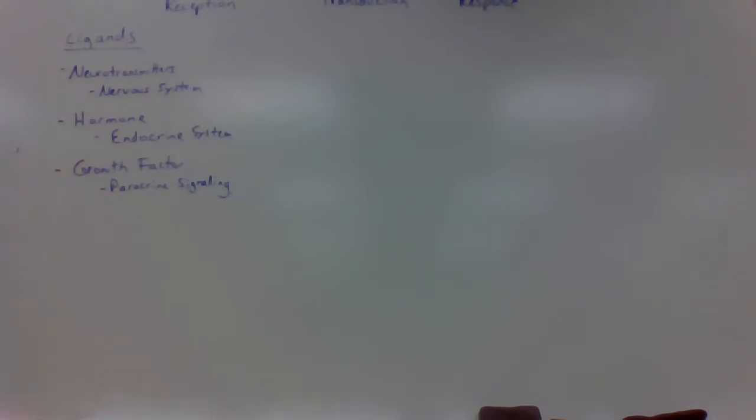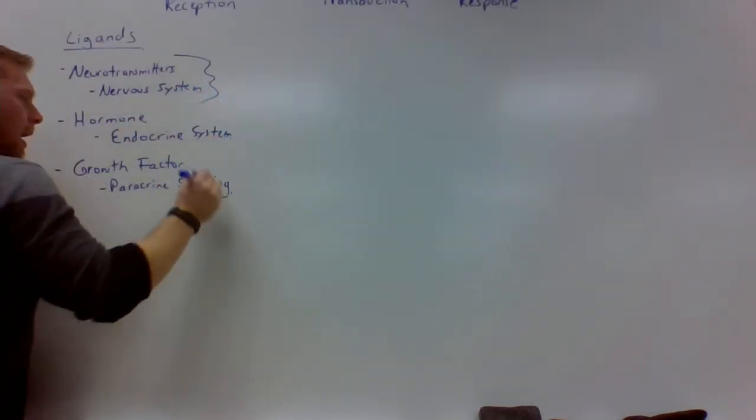Now, if we just look at these chemical messengers, neurotransmitters and growth factors are both examples of local messages. They are local chemical messengers, meaning they are being released by one cell and they are traveling to another cell that is in very close proximity.